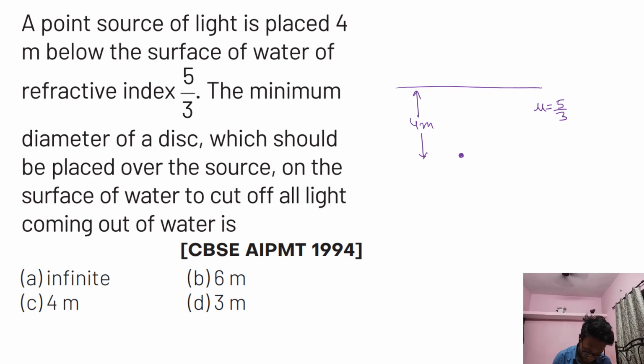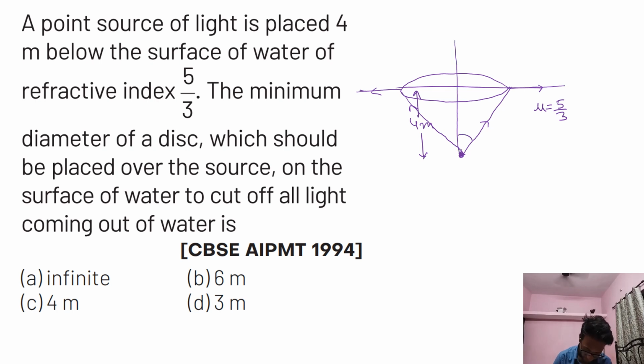What the question is telling is that for this point source of light, after a certain angle, there will be total internal reflection. So no light comes out from this area. Out here, this is the angle, and this is the value of total internal reflection.